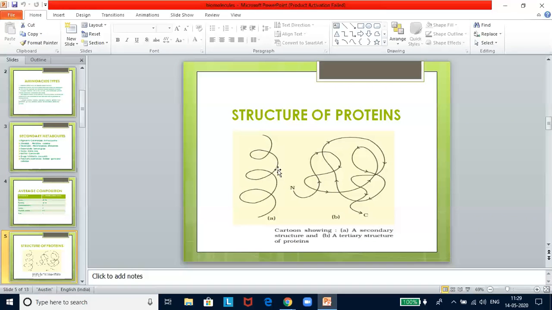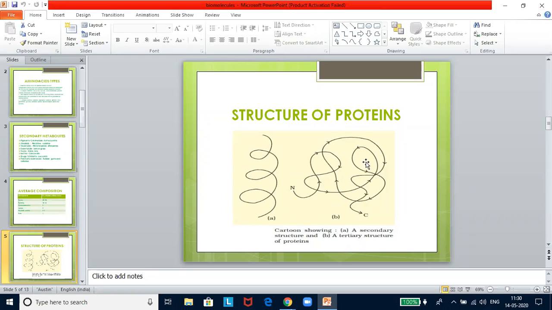Now tertiary structure: the final specific geometric shape that a protein assumes is the tertiary structure. This is determined by a variety of bonding interactions between the side chains of the amino acids. These bonding interactions may be stronger than the hydrogen bonds between the amide groups holding the helical structure.